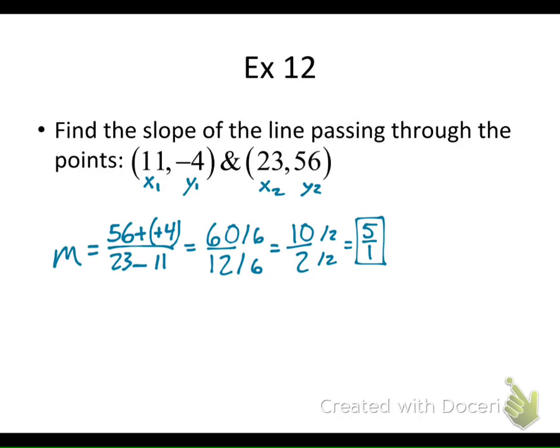When you do that, you're going to get 5. So that's going to be your rise, but because you need a run, what number can we always put under it without changing anything? 1.